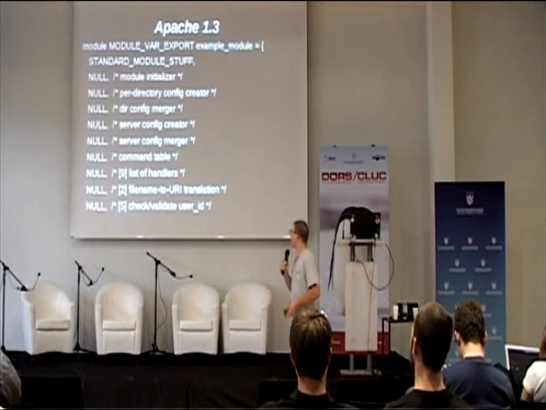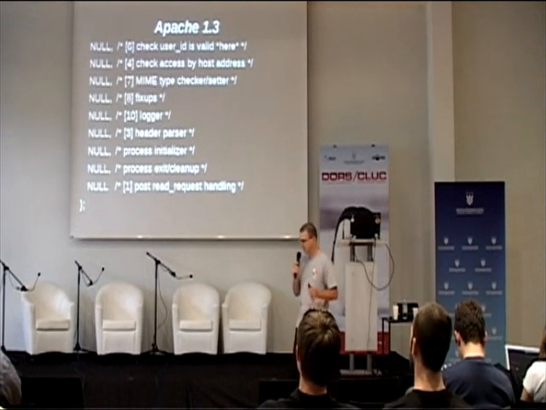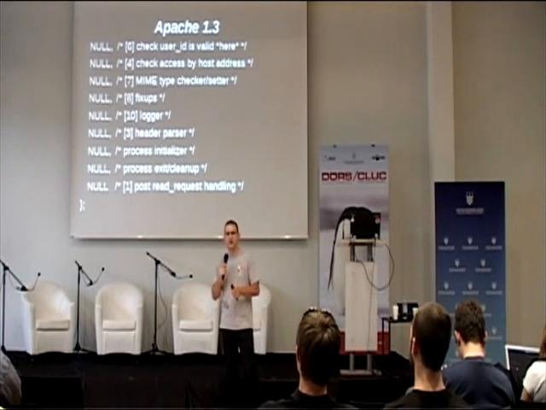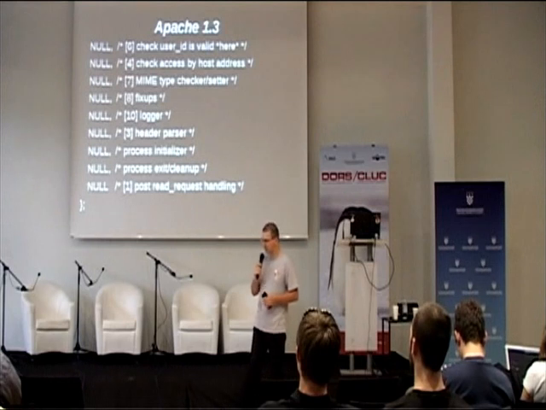Then you have a function for validating the user ID. You have a function that is executed only when the user ID and password were valid. Then you have a function that can check for IPs.